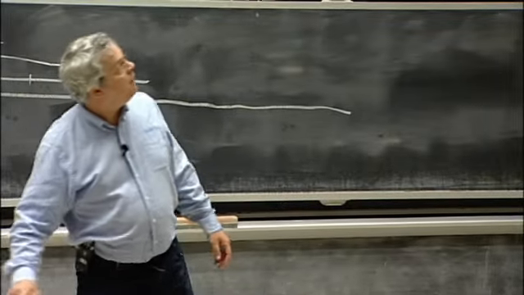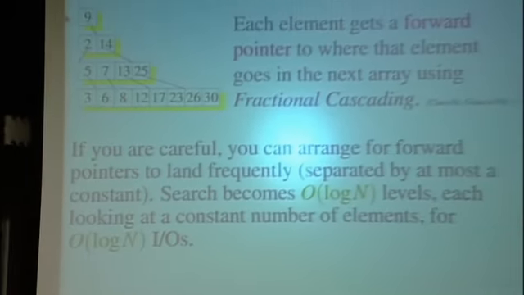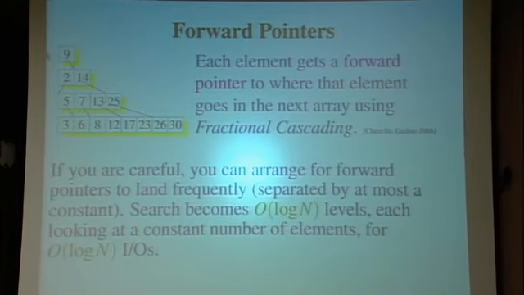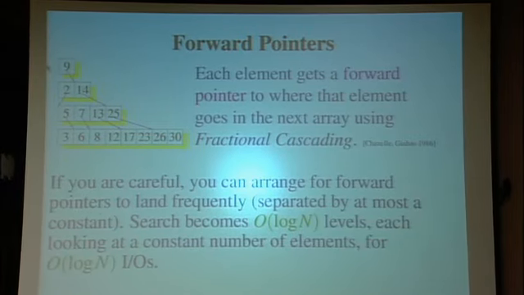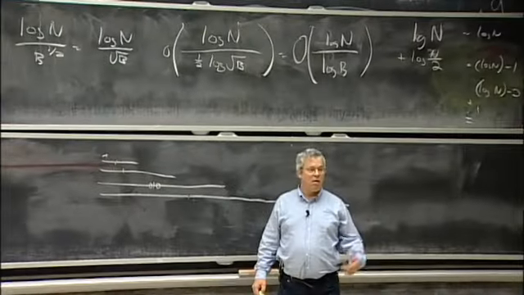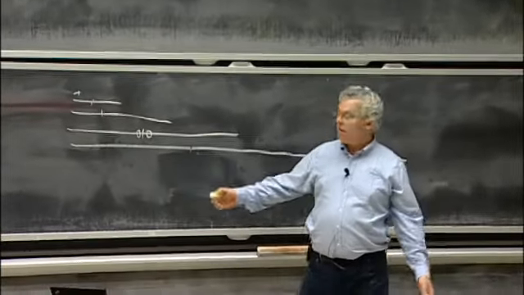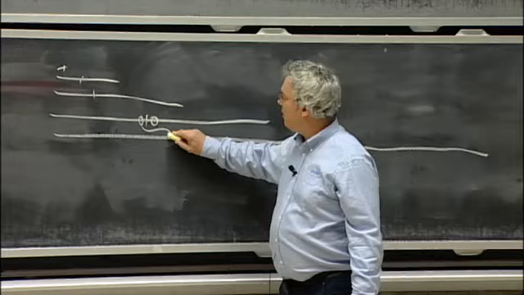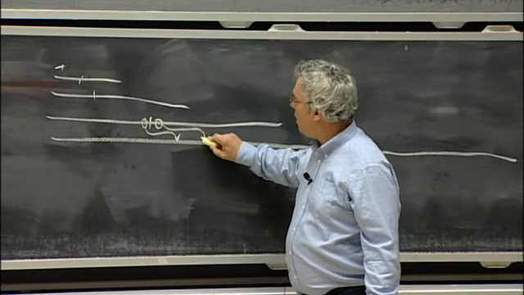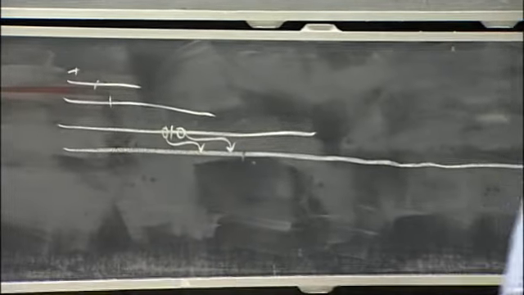Okay, and here's basically what you do: every element gets a forward pointer to where that element would go in the next array. So for example, you have something here and something here, which are the two things that are less than and greater than the thing you're looking for, and it says, oh, those should have gone here in the next array.